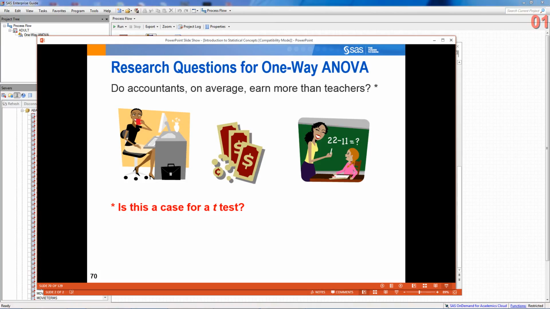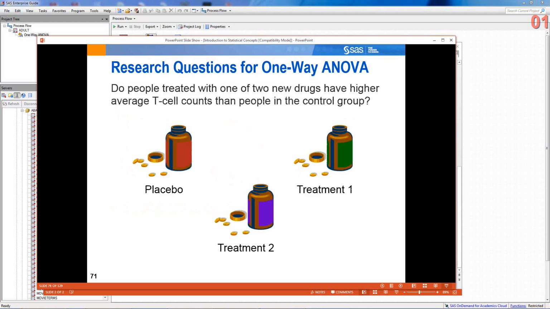Now if we have only two groups, accountants versus teachers, we could use a t-test. But if you have multiple groups, accountants, teachers, engineers, policemen, and so on, then a t-test will not be able to help you much. So that's when we use ANOVA.